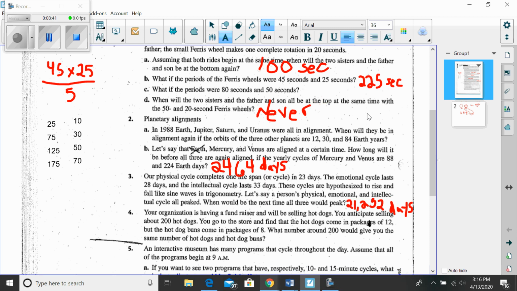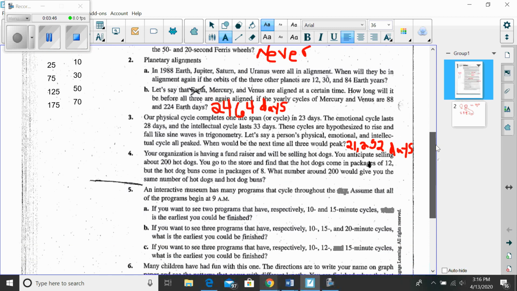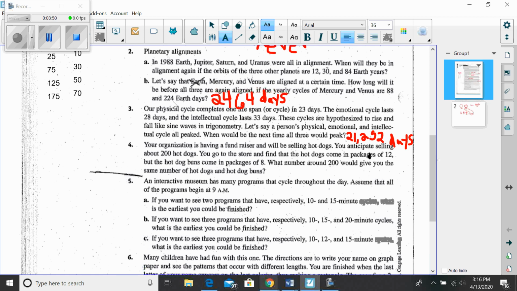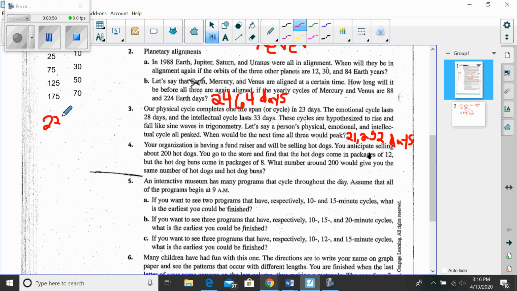Continuing on, in number 2, B, you're just finding the LCM of 88 and 224. So I would use my method of multiplying 224 and 88 and then dividing by the GCF. I'm thinking the GCF is 8, but I'm going to use my method, the Aaron-Harris method, where I check this out and see if the GCF is in fact 8, because I'm not even sure that 8 goes into 224.